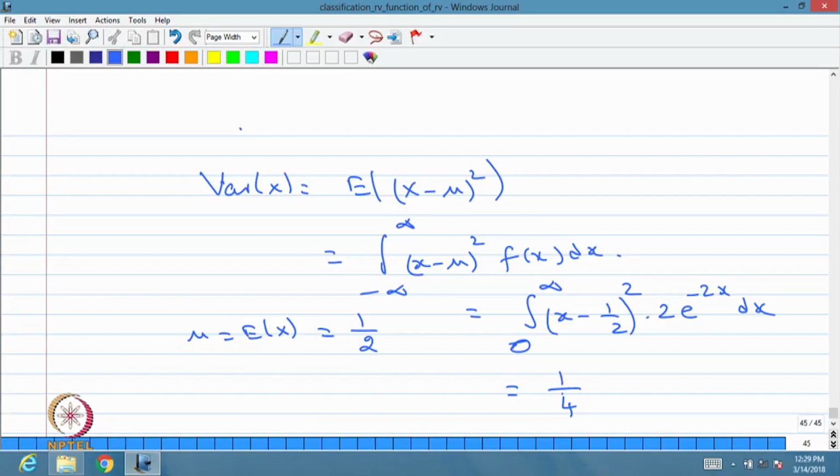Later we are going to conclude this is an exponential distribution with parameter 2. So, the mean is 1 divided by the parameter and the variance is 1 divided by the square of the parameter. Here the parameter is 2, therefore the variance is 1 divided by 4.